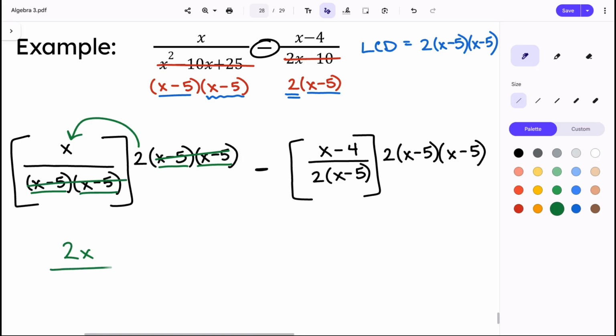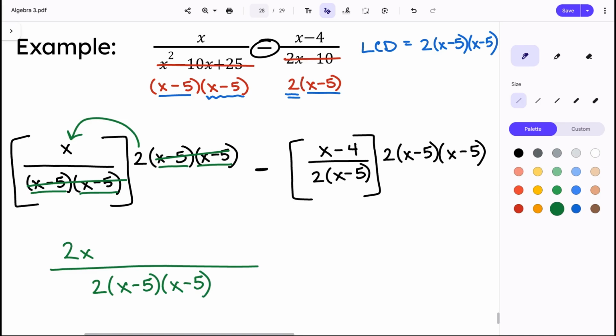But remember, my entire denominator here still has to have that LCD. So the cross-canceling only happens when I'm multiplying with my numerator. It does not just eliminate that bottom completely. So I'm going to write down here 2 times x minus 5, x minus 5, like so.